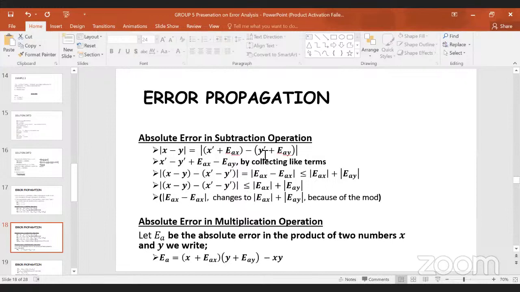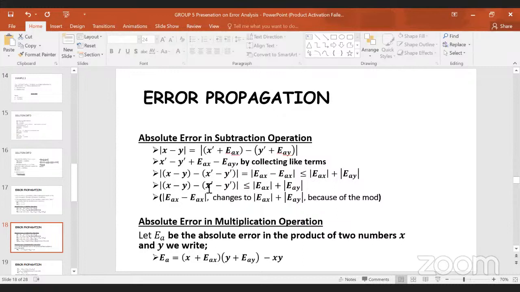Now, when we open this bracket, we know that this minus will multiply everything within this bracket. So that's why we have minus times y prime. This gives us minus y prime plus minus EAY, rather, as we have it here.